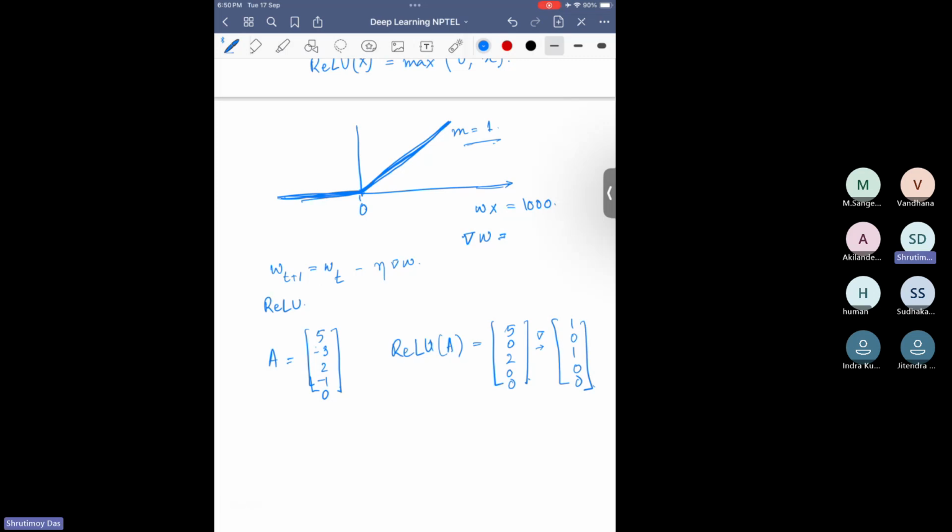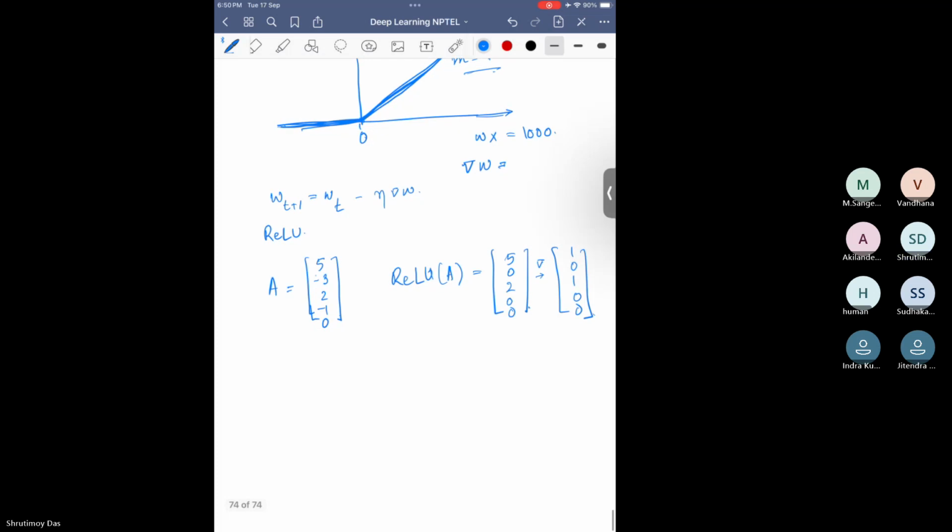By dies I mean, suppose you have some neuron here and some inputs here, and the input is something like w1x1 plus w2x2 plus w3x3, plus some b that you have.